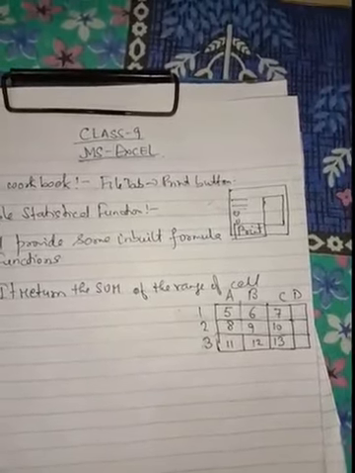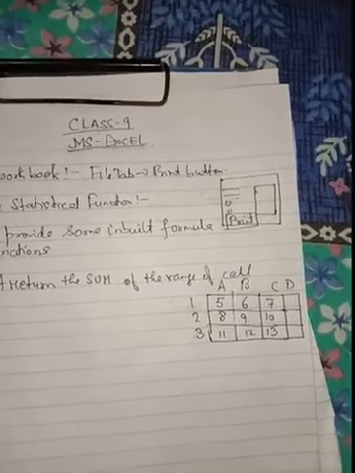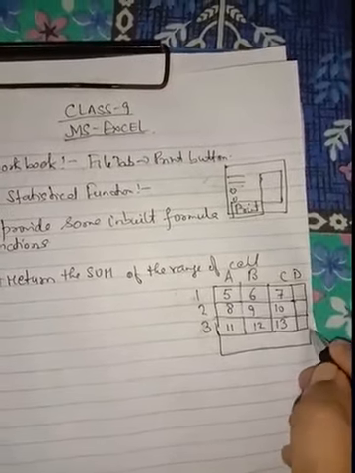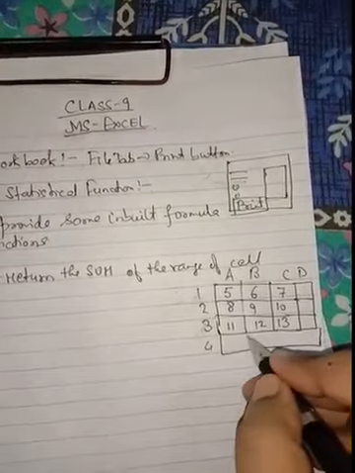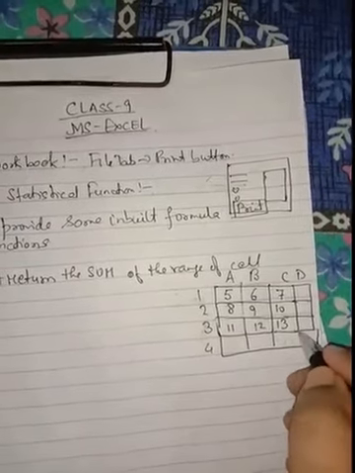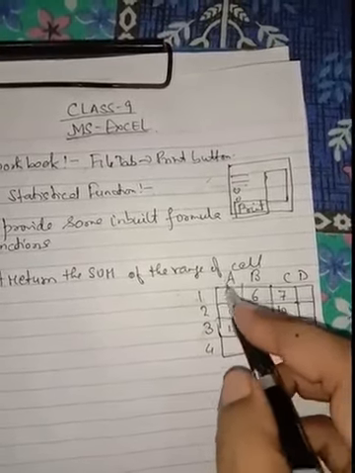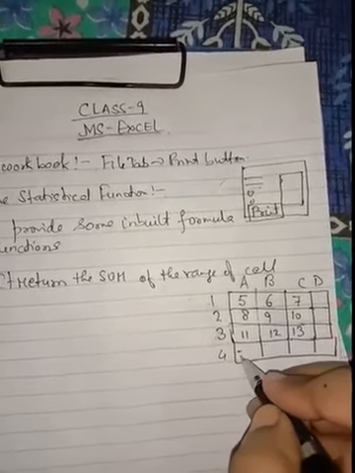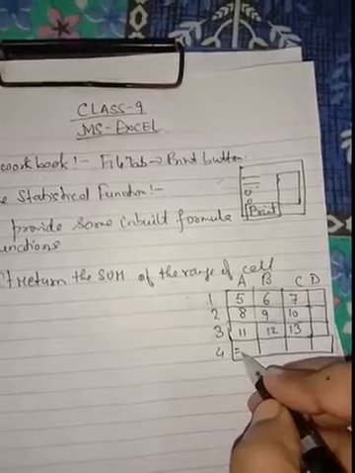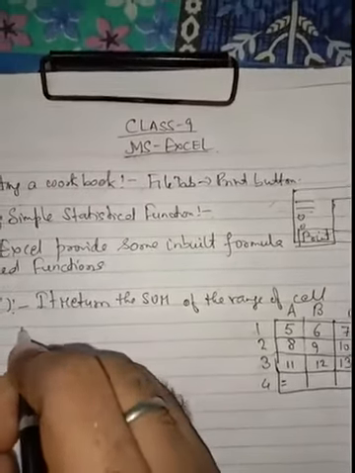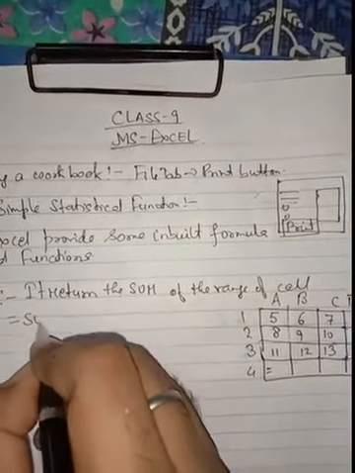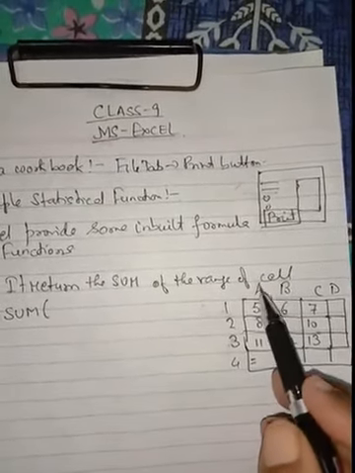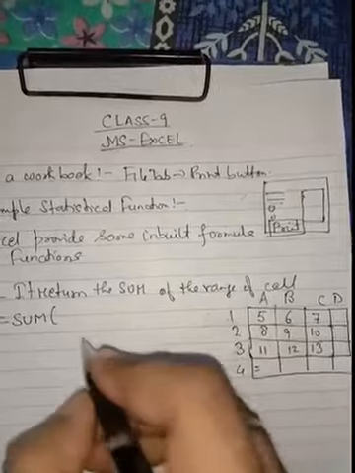Now in order to find the sum, suppose this is row number 4, and I want to find the sum of all these three values. I have to begin with the equal sign, then use the sum function, and in the sum function I have to write the range, from A1 to A3.